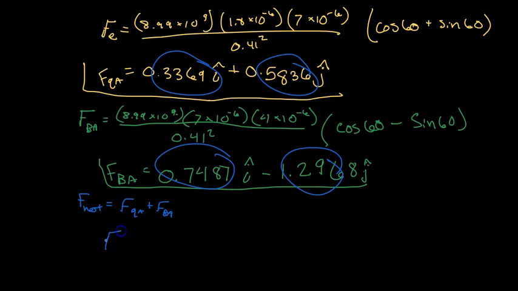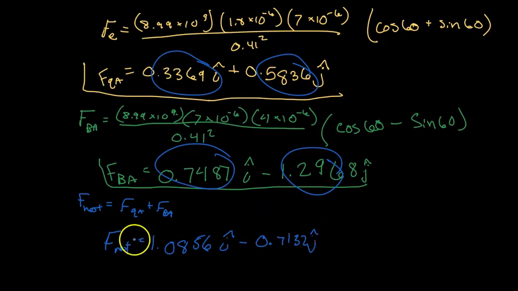Once we do that, we should get 1.0856 i hat minus 0.7132 j hat.